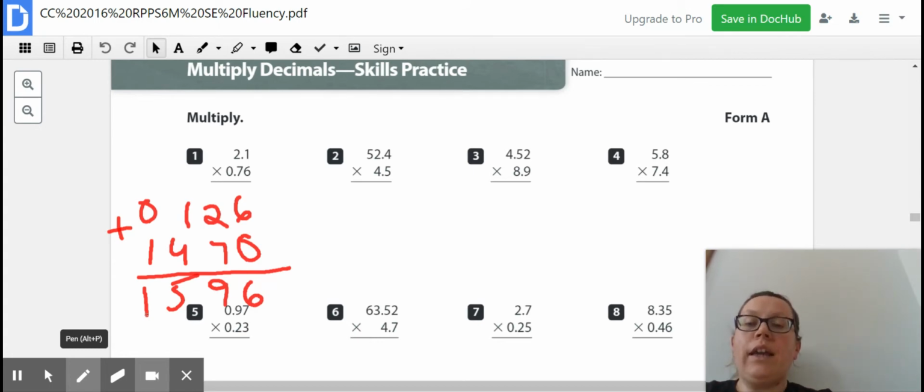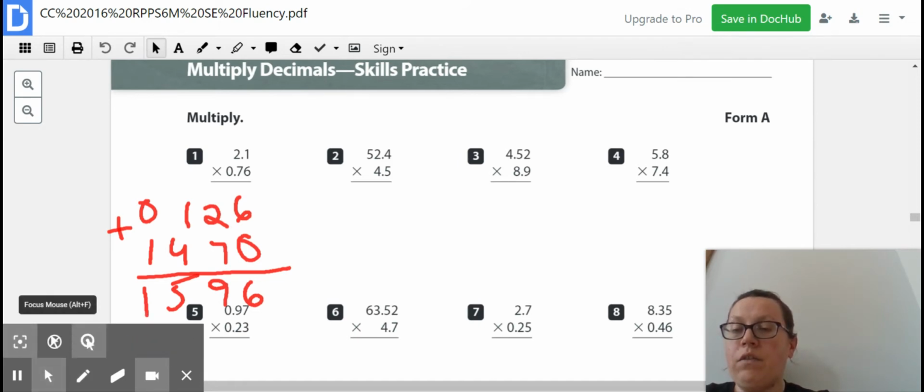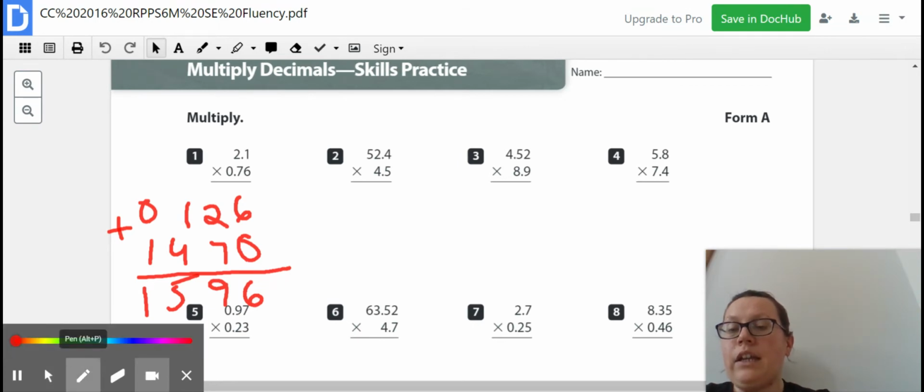So if we look at the top number, 2.1, we know that the decimal was moved over one time. And then if we look at the second number, the decimal was moved over two times.